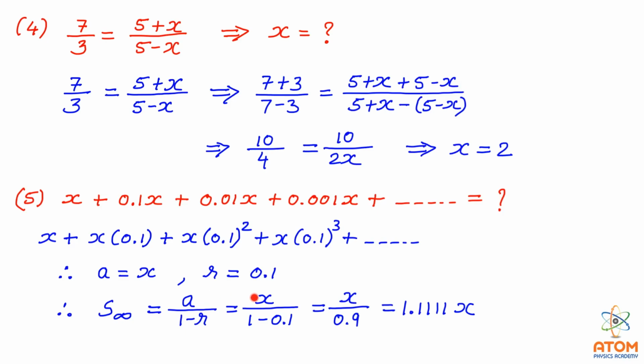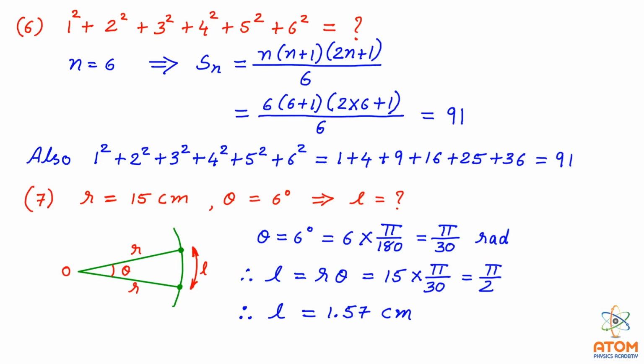Here a is x and r is 0.1, so we will get x upon 0.9, that means it is 1.1111x. Even if you solve this equation by the regular method, then also you will get the answer as 1.1111x. So by using the equation of geometric progression, we can find the solution of such a long equation very easily.